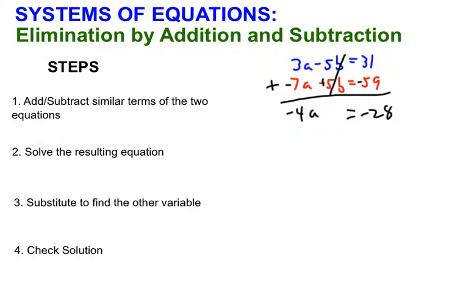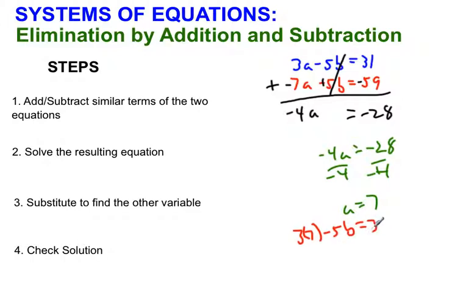All right, so let's rewrite this as negative 4a equals negative 28. We'll divide by negative 4 on both sides. And we'll have a equals 7. So we found a. Now we need to substitute back in, so let's go to our first equation. We'll have 3 times 7 minus 5b equals 31.